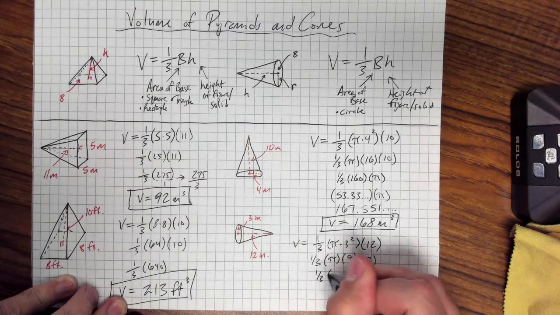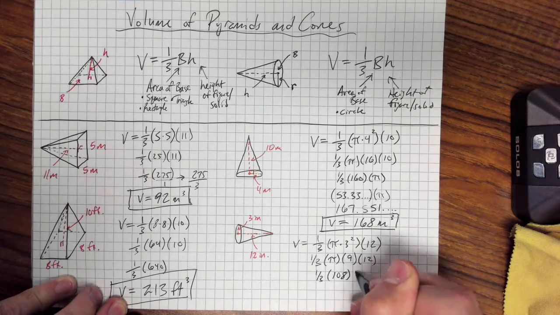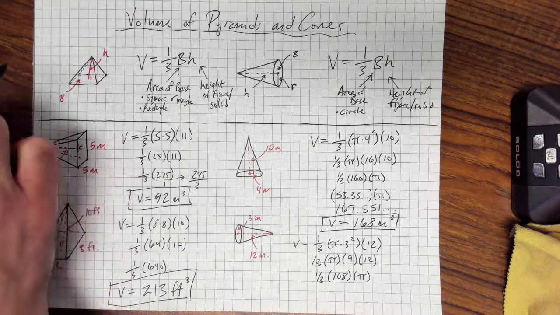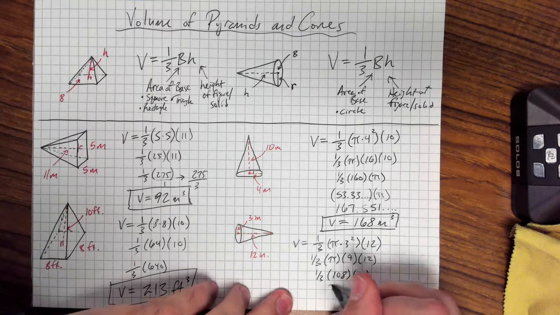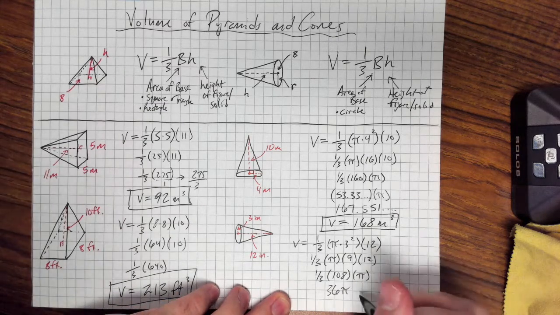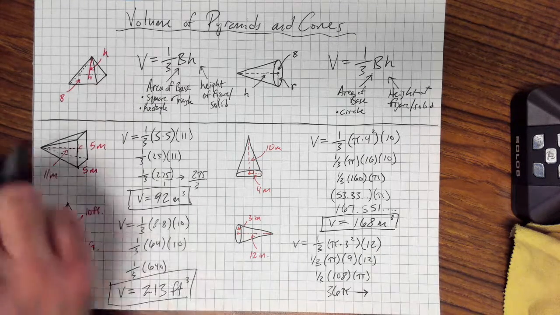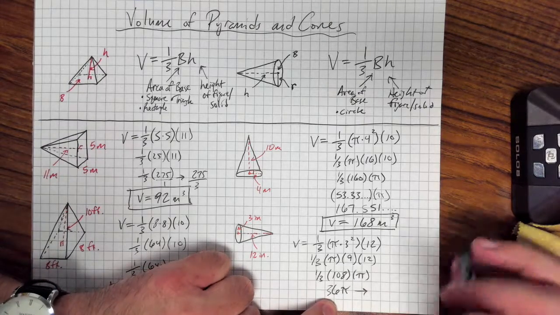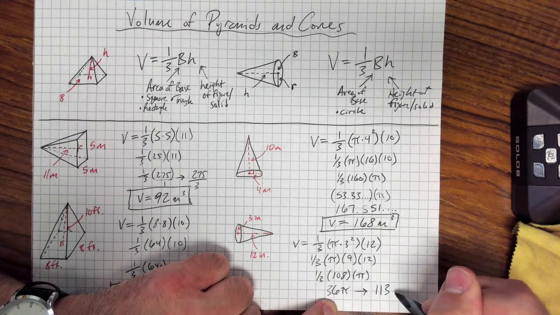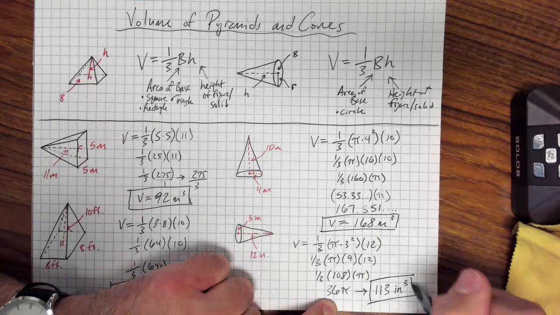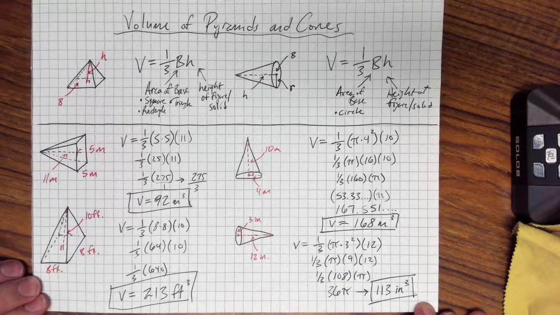So let's do 1/3 times, move it around, 108 times pi. And then 108 is actually divisible by 3. When you divide it by 3, you get a nice, pretty 36, nice even 36. And then we'll finish this off, 36 times pi. And you end up with a rounded answer of 113 cubic inches.